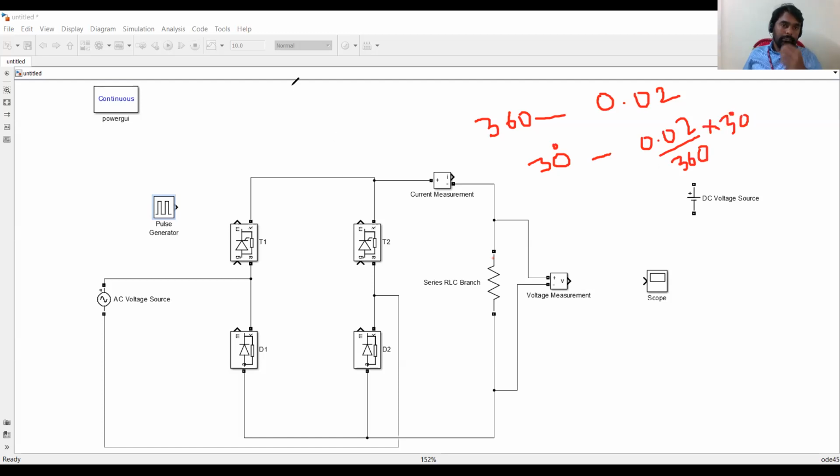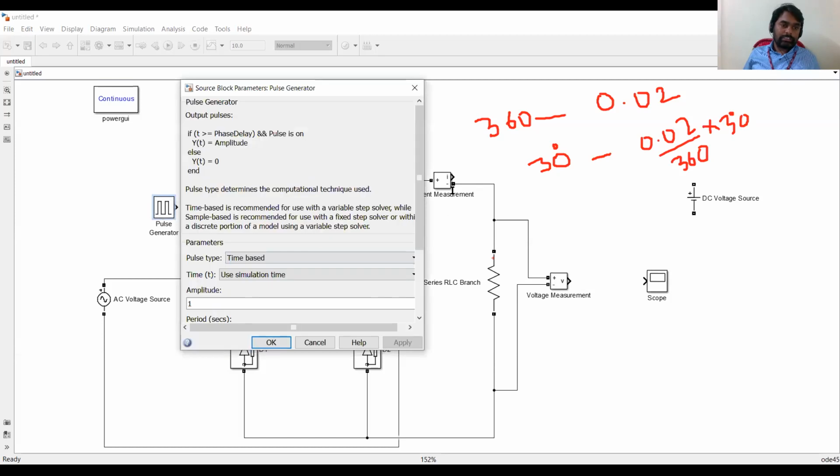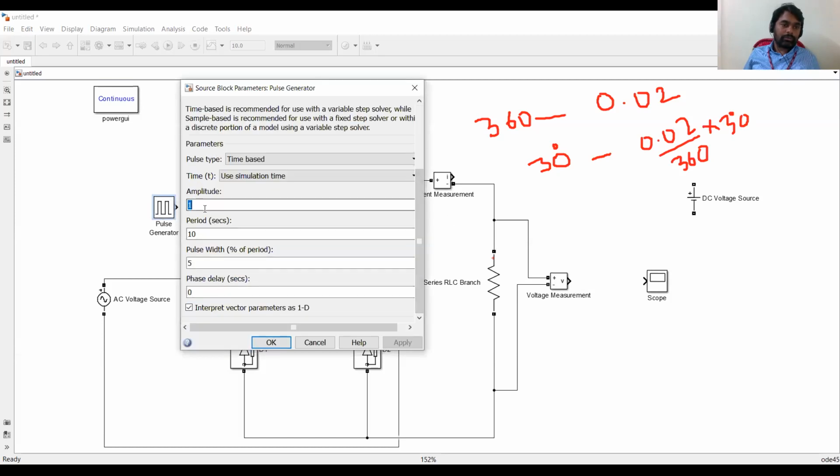Okay, so that is what I am going to adjust here in the pulse generator, which is provided to T1. Amplitude is 1. Time period, it is 50 Hz, so it will take 20 milliseconds. Forget about pulse width. Phase delay, which is the firing angle now. Just now I told you it is 0.02 into 30 divided by 360.